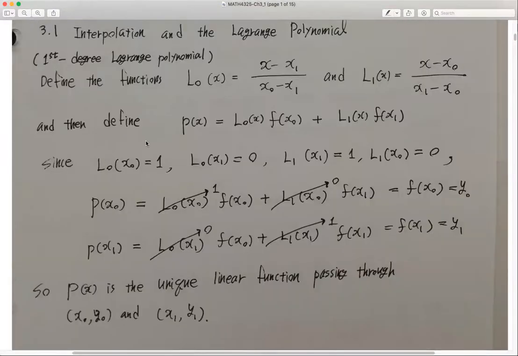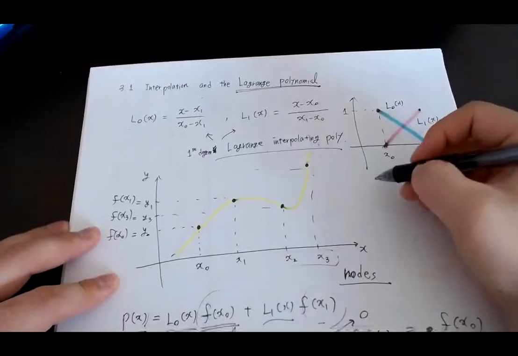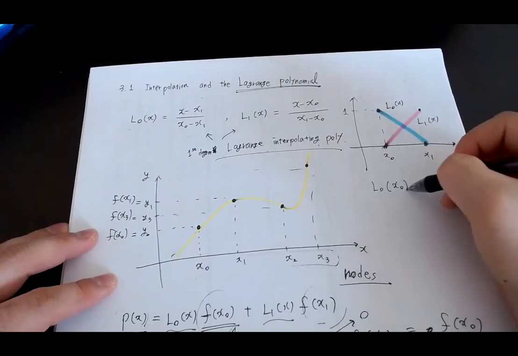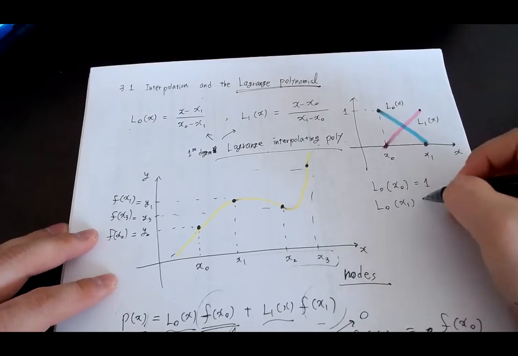You see that in the graph of L0 and L1. In this figure, we figured out that L0 of x0 is equal to 1, and L0 of x1 is 0.